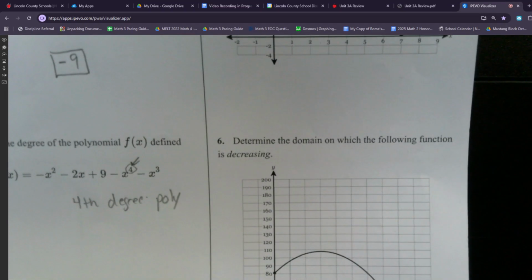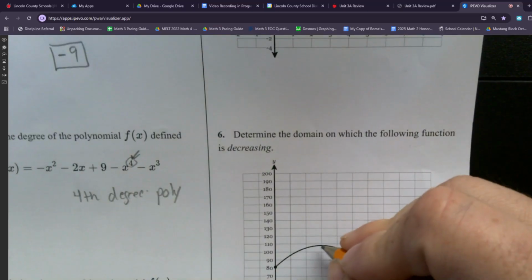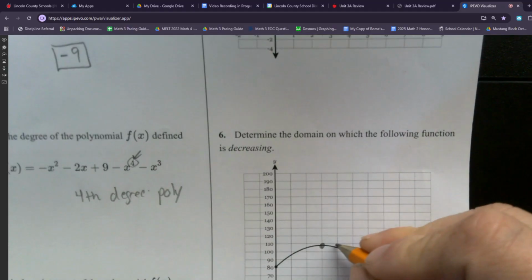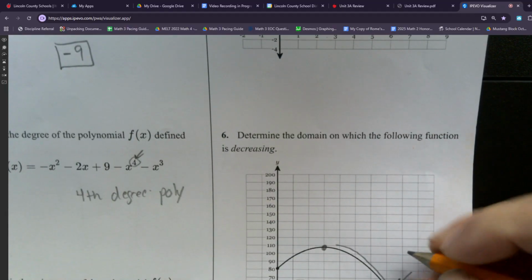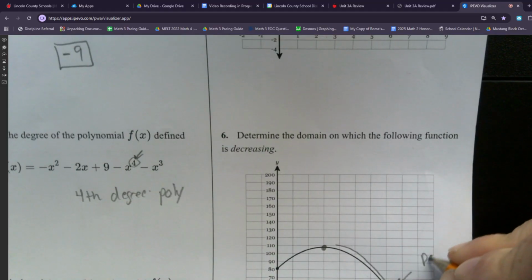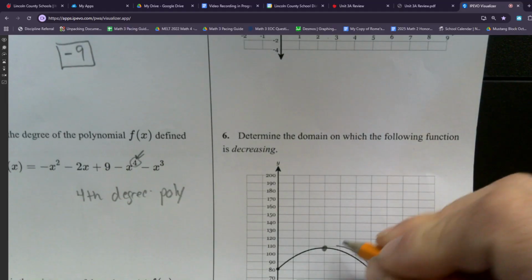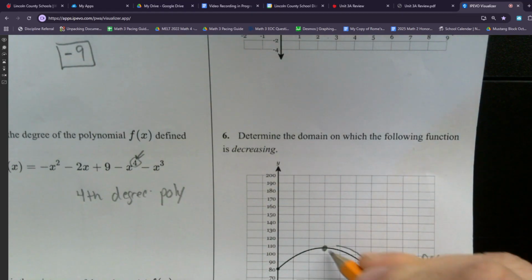Determine the domain in which the following function is decreasing. Okay, so it's decreasing from this vertex here to this closed circle at 9. So it is decreasing here. Negative slope. Decreasing, of course, is a negative slope. So this thing is going to be decreasing between two numbers.